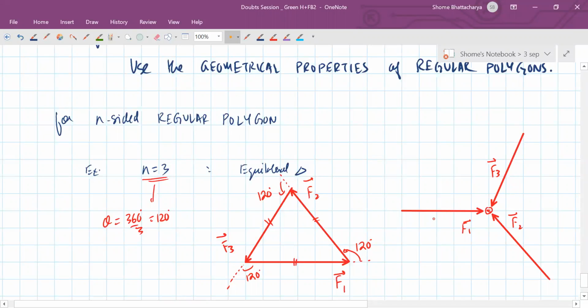If their magnitudes are the same and they are acting at 120 degrees with respect to each other, these two figures are interchangeable. So you can see that.